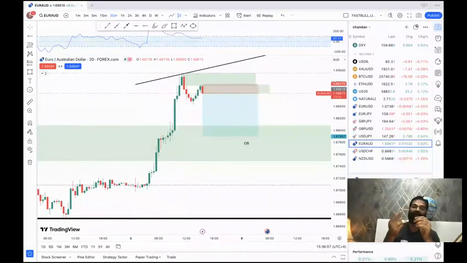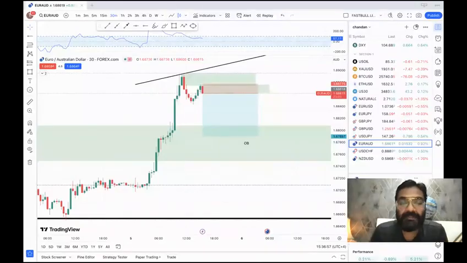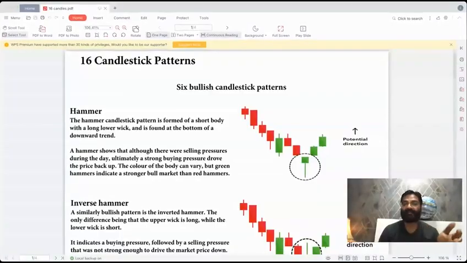Now, to predict this future, it's very important to understand what exactly these candles are and what they can help us to predict. Because of this, we have kept this stream today where I will be teaching you what types of candles there are and how the candles can help us in calculating our trades.